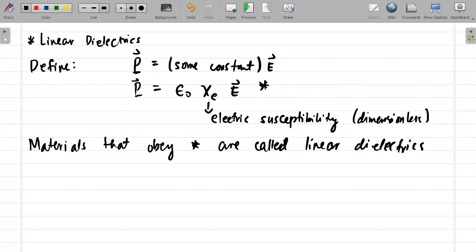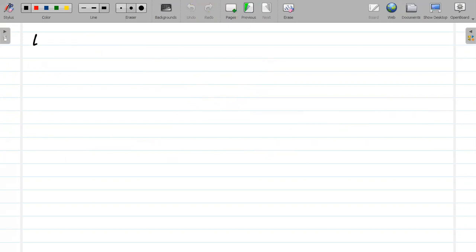Kaya siya linear dahil linear yung dependence niya sa applied external field E. Now, class, in linear media, so linear dielectrics yung pinag-uusapan natin, let's recall that the electric displacement is epsilon naught E plus the polarization. Di ba? From the definition of the electric displacement.